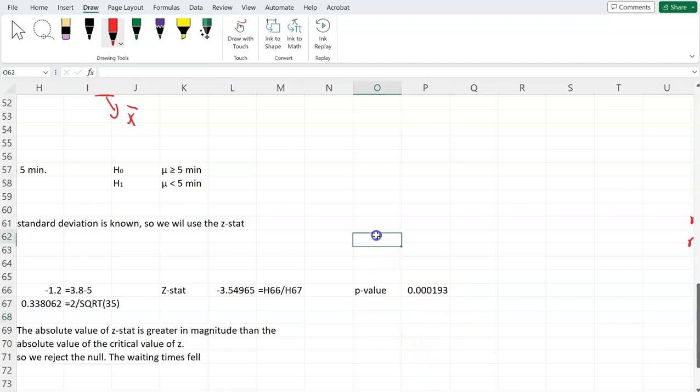Now, in my case, if the p-value is less than alpha, we reject the null. If the p-value is greater than alpha, we do not reject.